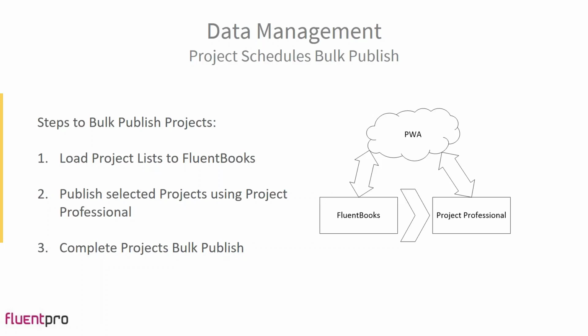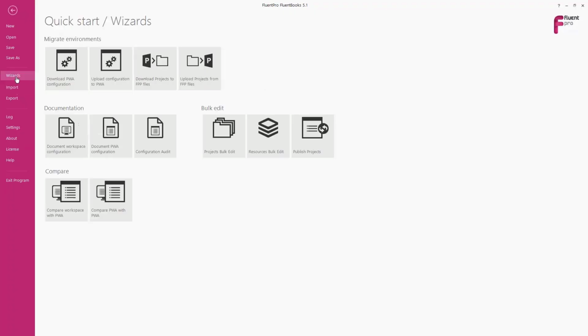Also, formula fields are being calculated during publish. So if there is a need to calculate the formulas in a significant number of projects, then we can also do this with the help of FluentBooks. I will not launch this wizard again to make today's session faster, because this wizard is very easy to work with.